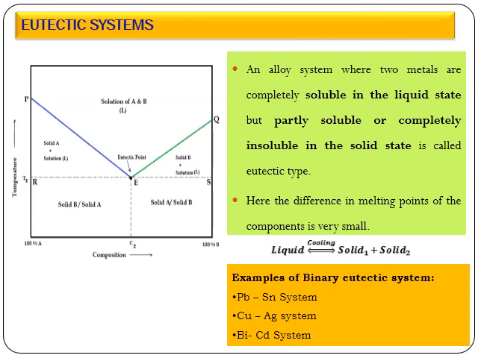This is a typical eutectic system. So what is a eutectic system? An alloy system where two metals are completely soluble in the liquid state but partially soluble or completely insoluble in the solid state is called eutectic type.